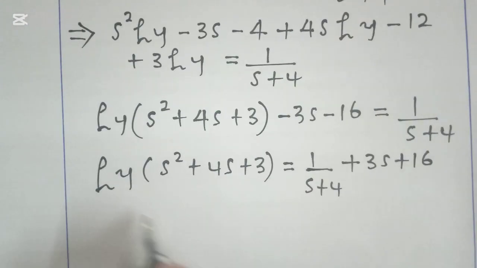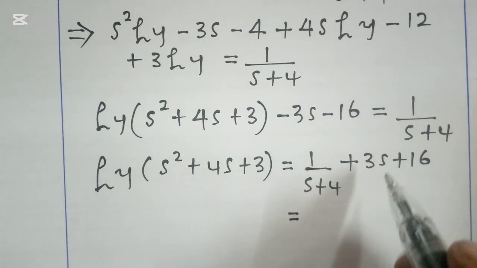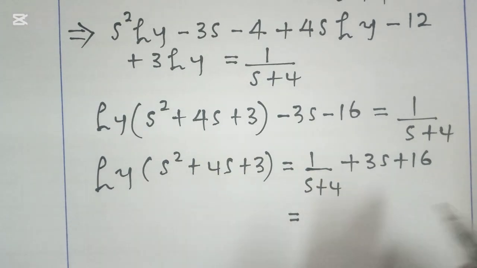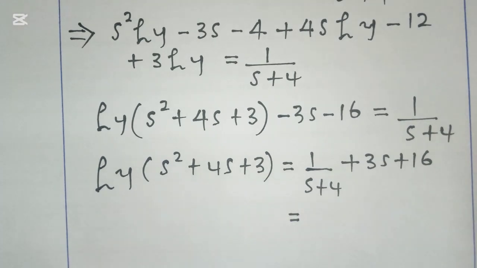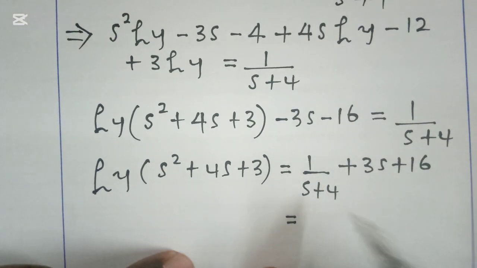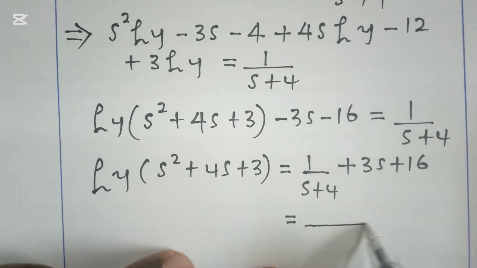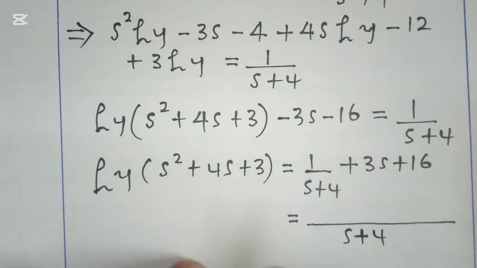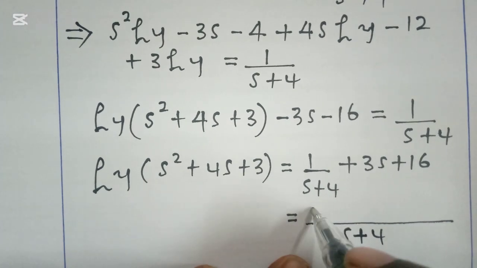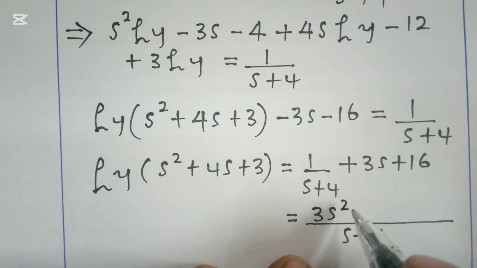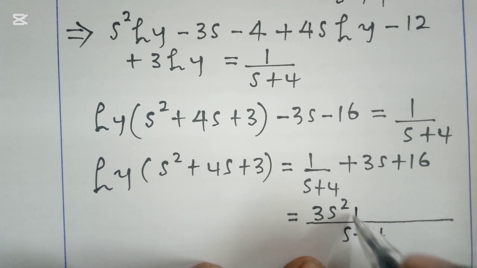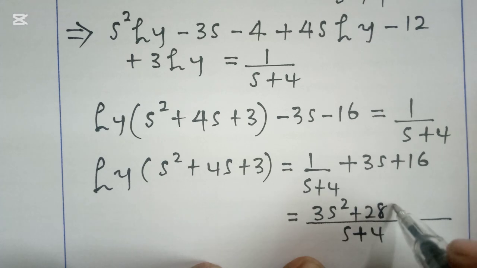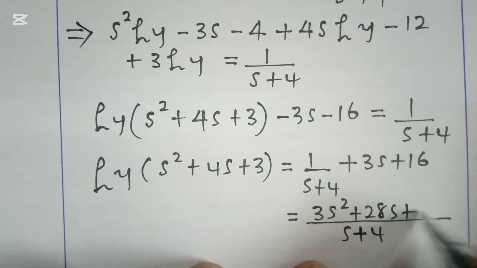Guys, we now continue. From there, we can combine this with that. If we combine, that is putting them under the same denominator of s plus 4. By evaluation of that, I've already done it, and it brings about 3s squared plus 28s plus 65.